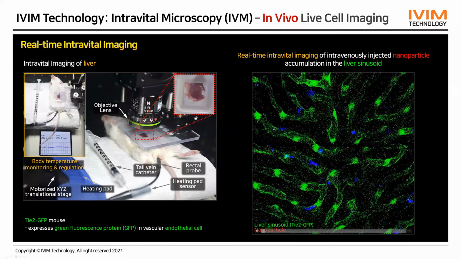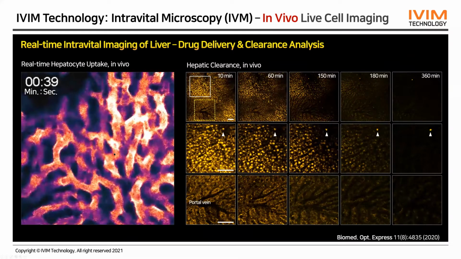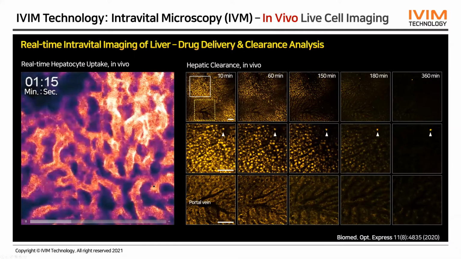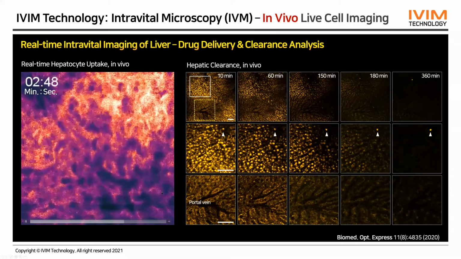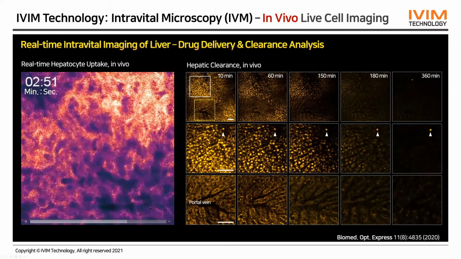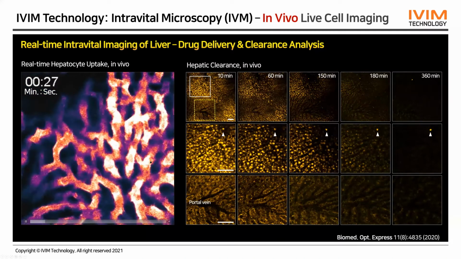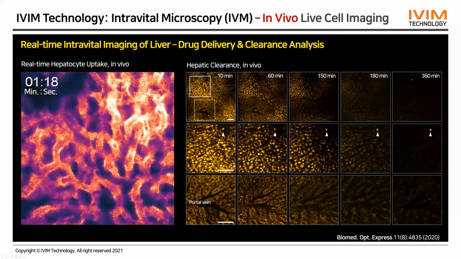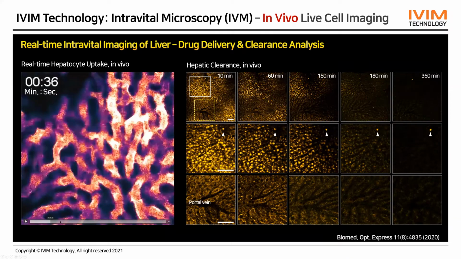And then on the right side, this is a 4-minute video showing the uptake by hepatocytes of the intravenously injected fluorophore. In the beginning, you can see the arrival of the fluorescent probe through the blood vessel to the liver within several tenths of a second.